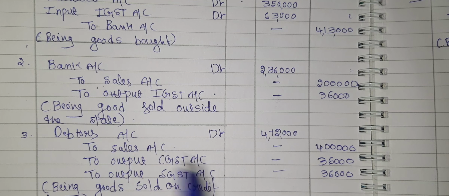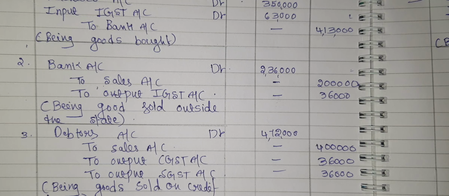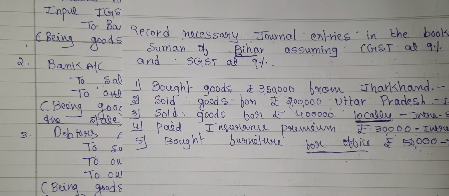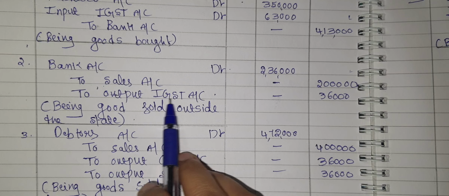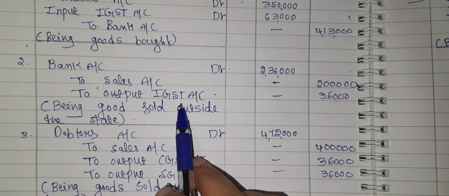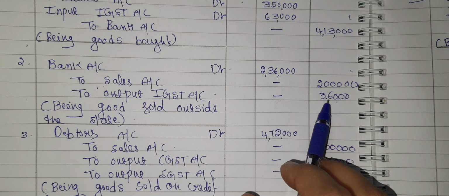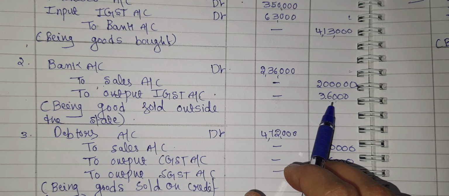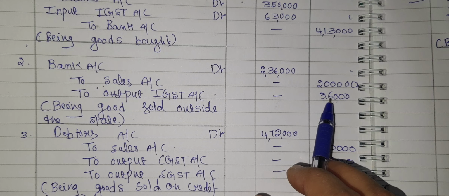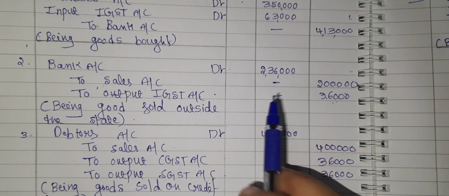See, in the second transaction, we sold goods for rupees 2 lakh to Uttar Pradesh. So the output IGST is rupees 36,000, which means the business has collected rupees 36,000 from the customers.